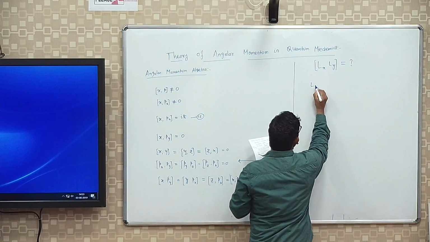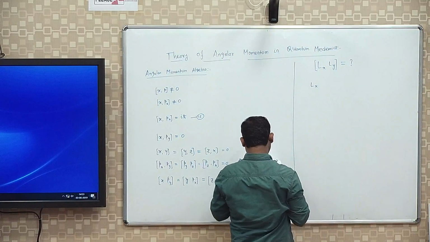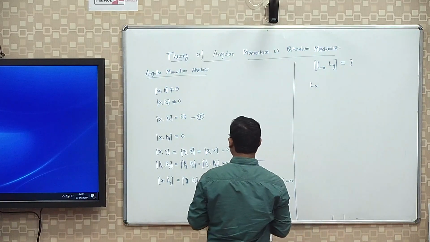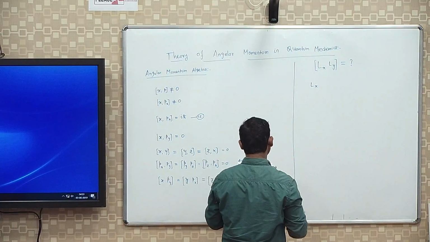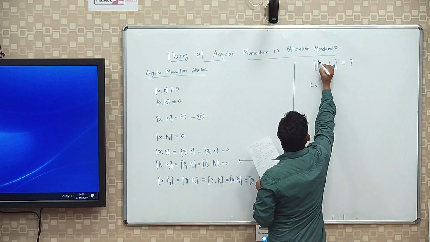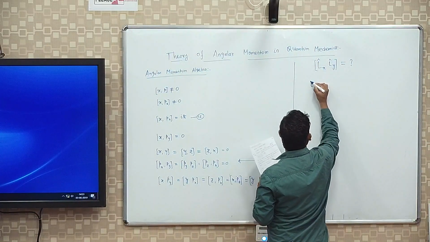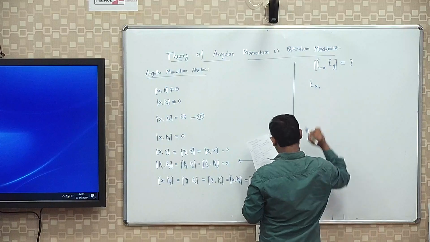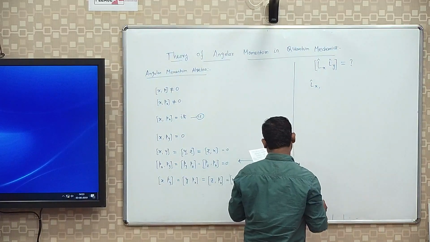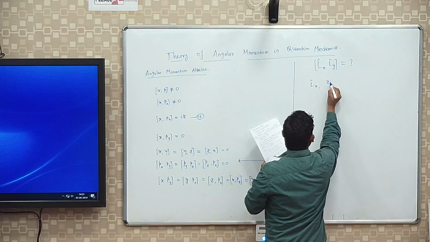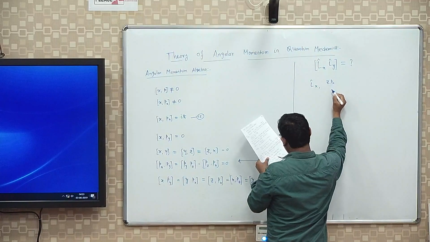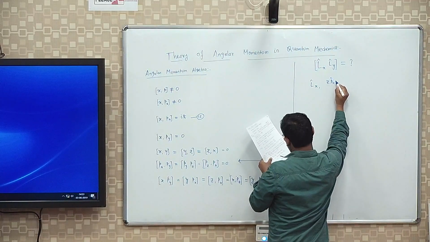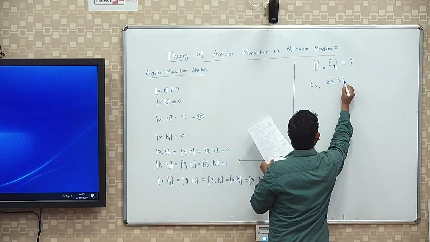So Lx and Ly, we have already written the Ly operator. These are all operators. So the Ly operator values are z Px operator minus x Pz operator.